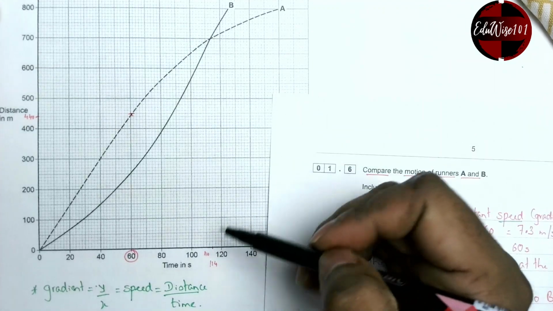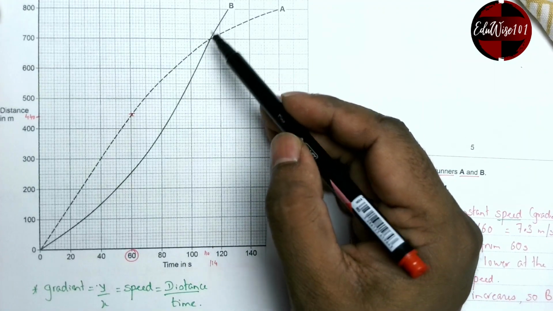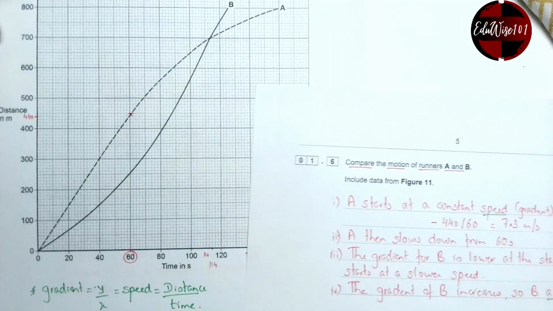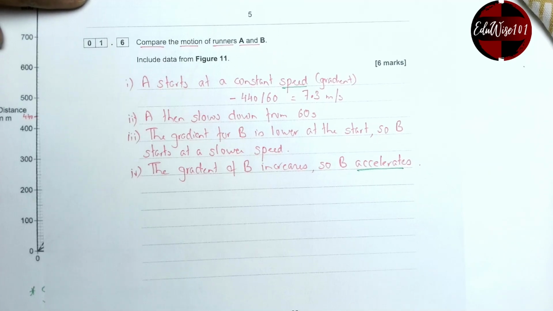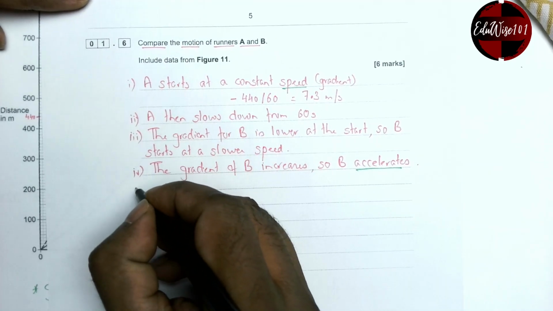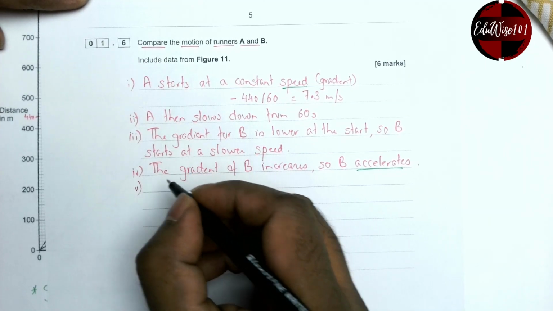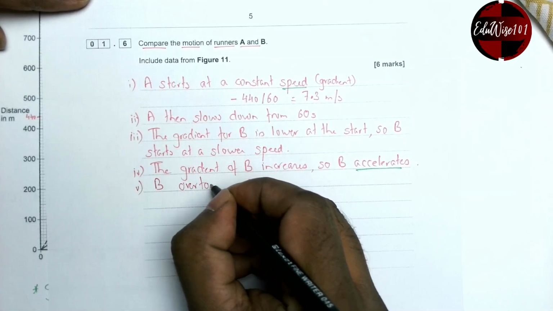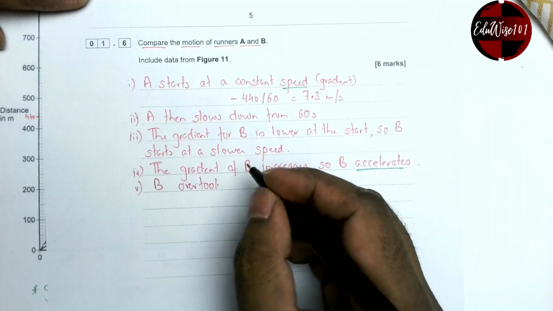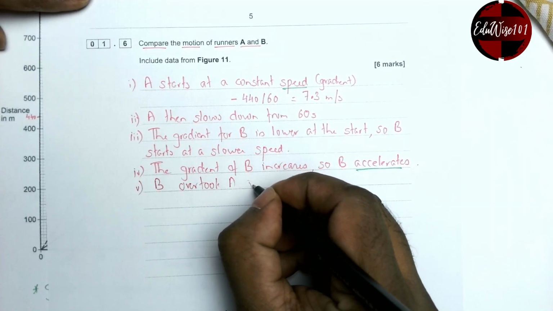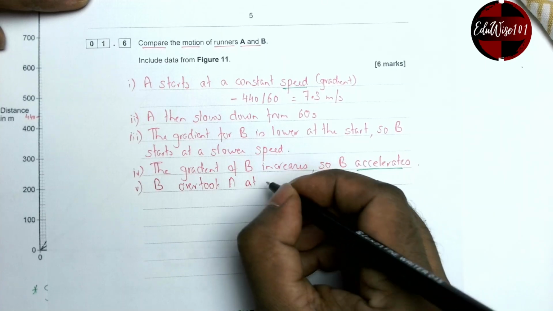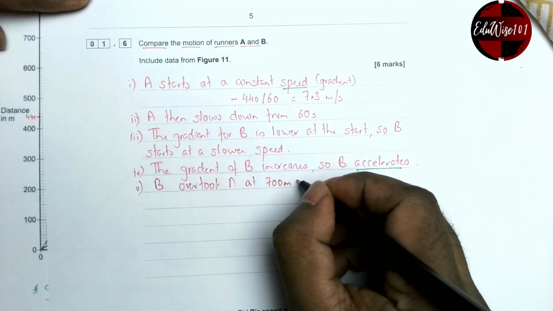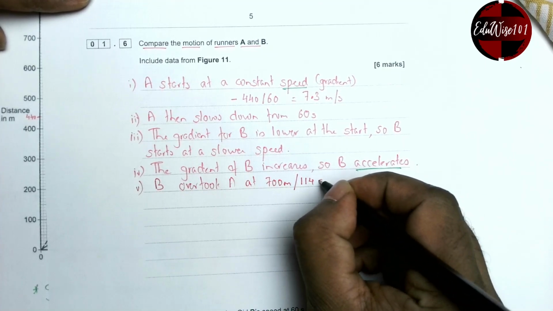After about 114, B actually overtakes A. So 5. B overtook A at 700 meters or 114 seconds.